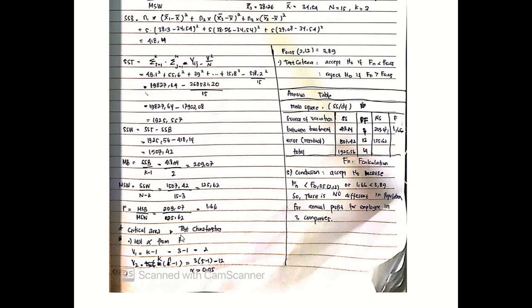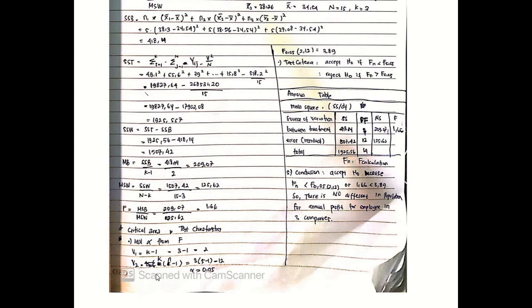We continue to the critical area and test criteria. For alpha equal to 0.05, V1 equals k minus 1, or 3 minus 1, which is 2.